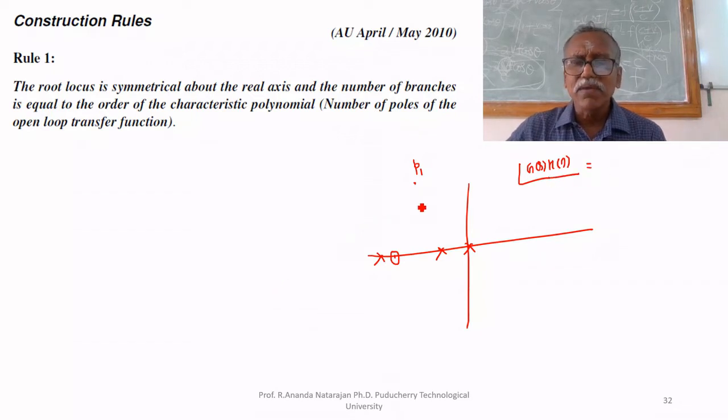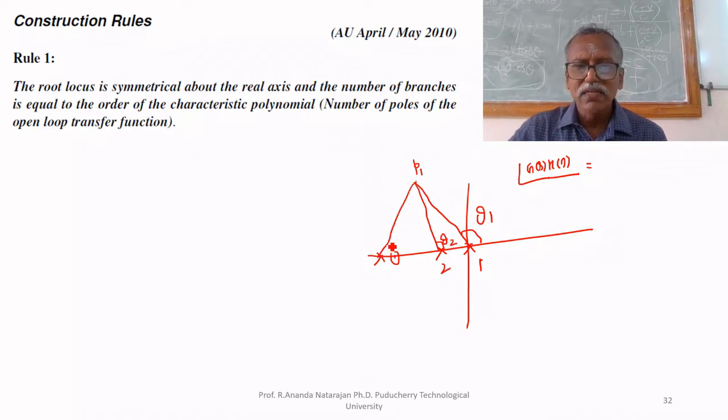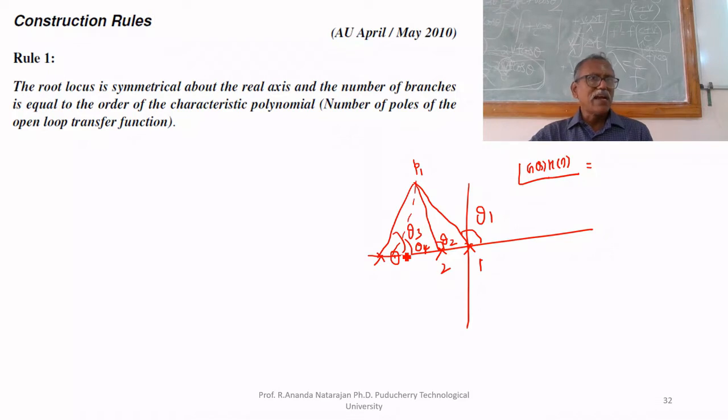The line connecting the first pole and P1 has angle theta 1. The second pole has angle theta 2. The third pole has angle theta 3. The zero has angle theta 4. If you add theta 1, theta 2, theta 3 and theta 4, and the total angle is an odd multiple of 180 degrees, that point will be on the root locus.